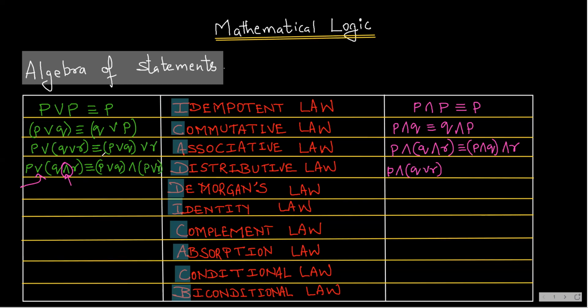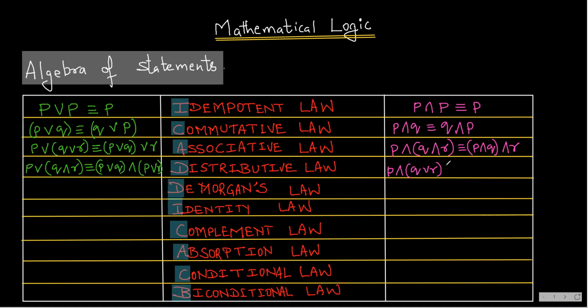So the law of distributive works where the logical connectives are not same, and the law of associative works when the logical connectives are same. This is the major difference in the two. Now same thing is here. See, P and (Q or R). This P and will be distributed to Q and R, and in between you have, sorry, you will have or.